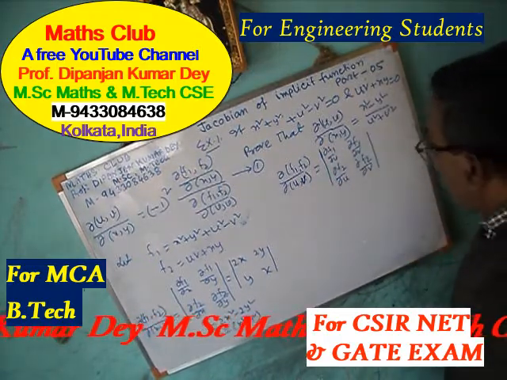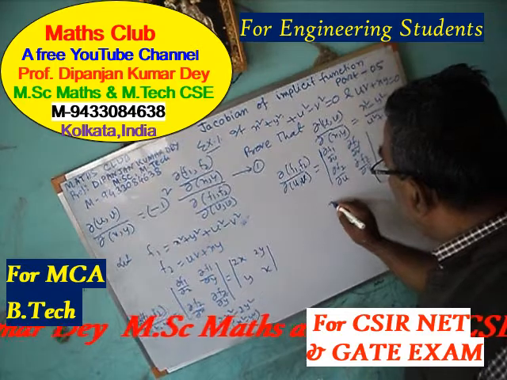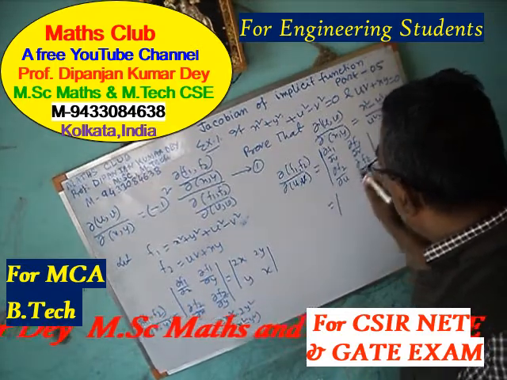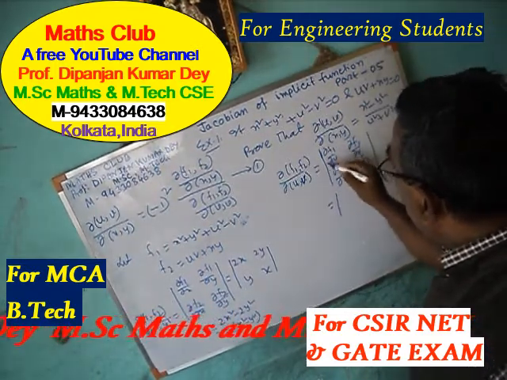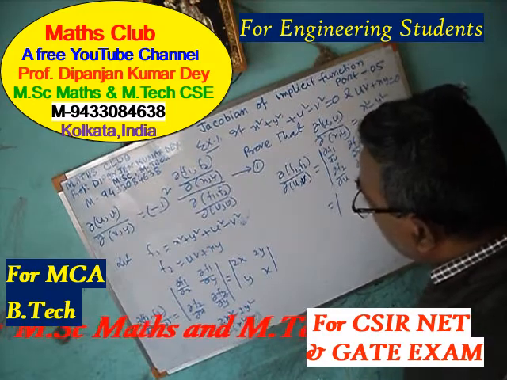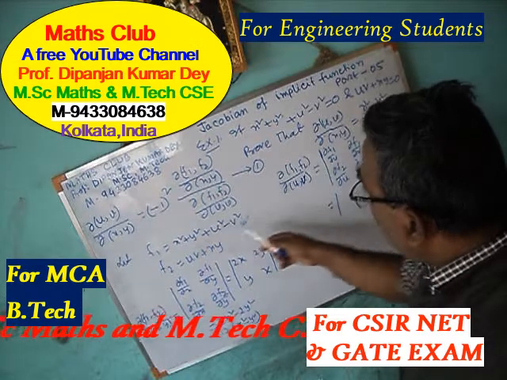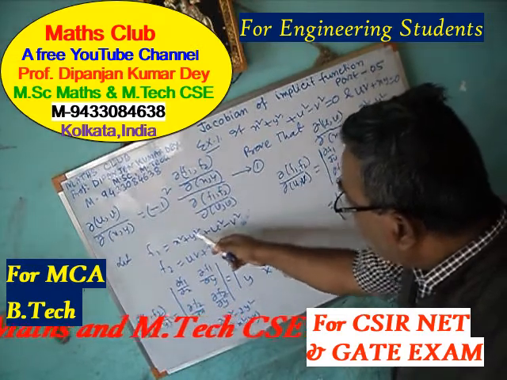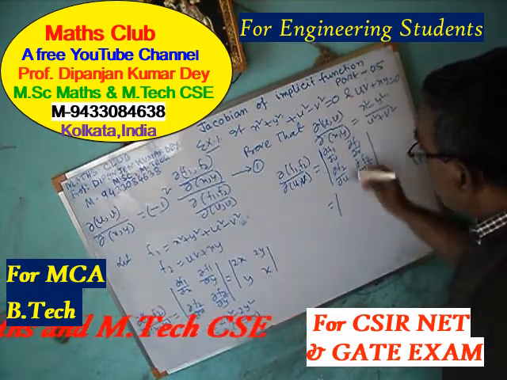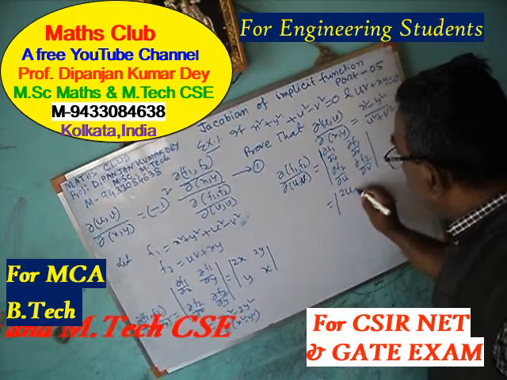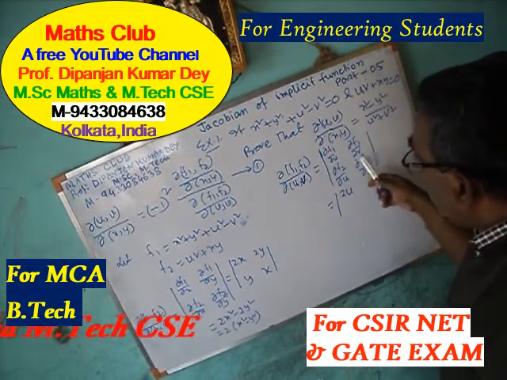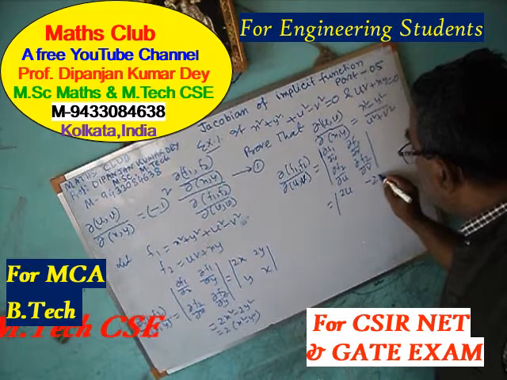Now I am putting the values. Del f1 by del u, partially with respect to u when x, y and v are constant, will be twice u, and del f1 by del v is minus twice v.